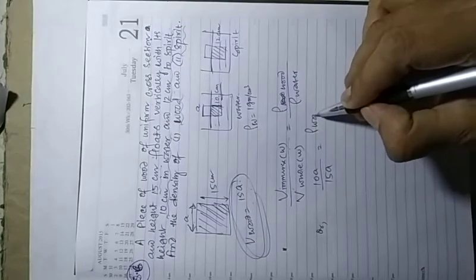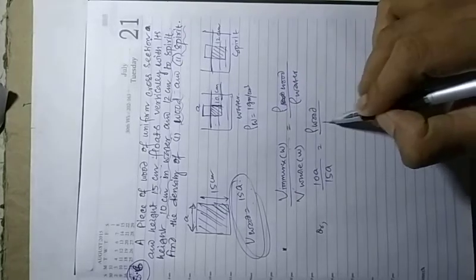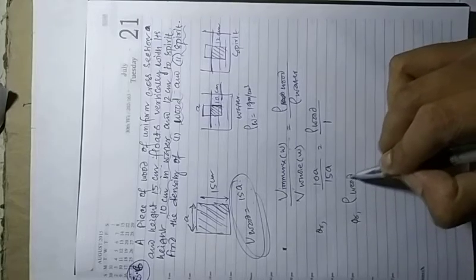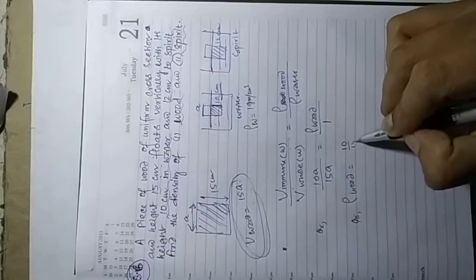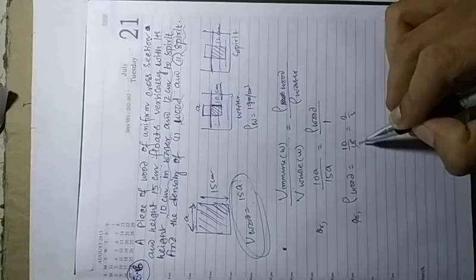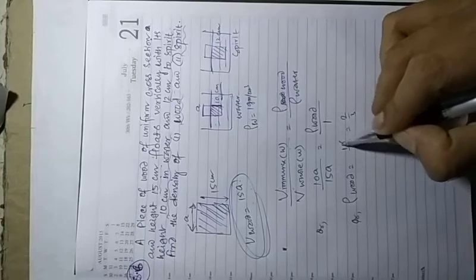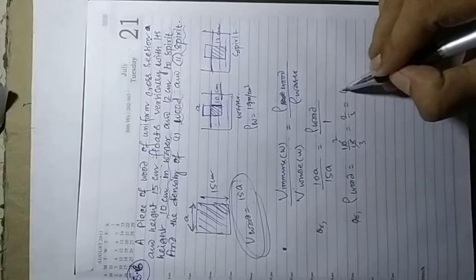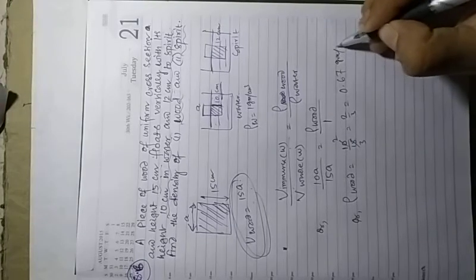Density of water is 1, so density of wood is equal to 10 by 15, which is 2 by 3, that means 0.67. That is the density of wood, gram per centimeter cube.